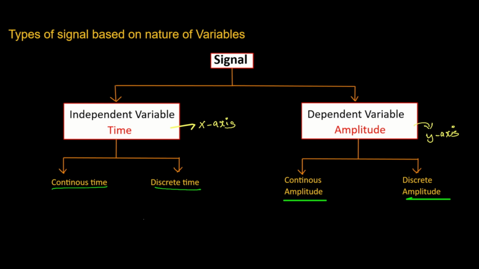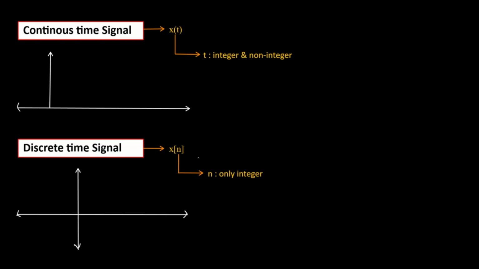First we will study the continuous time signal. What is a continuous time signal? It is represented with x of t, and t can be an integer as well as a non-integer. The continuous time signal is the type of signal where a value is present at every instant.